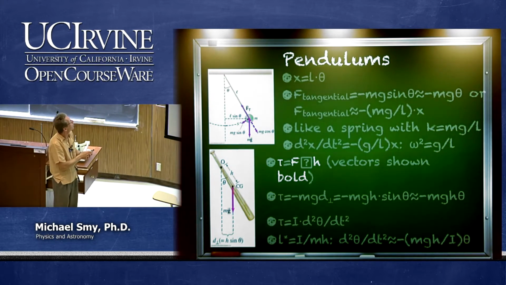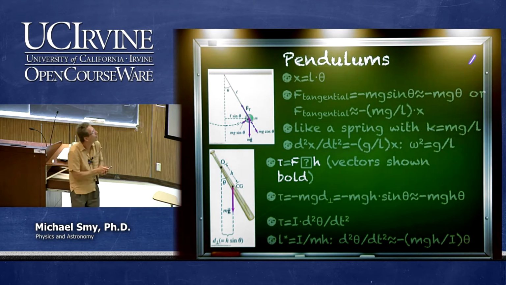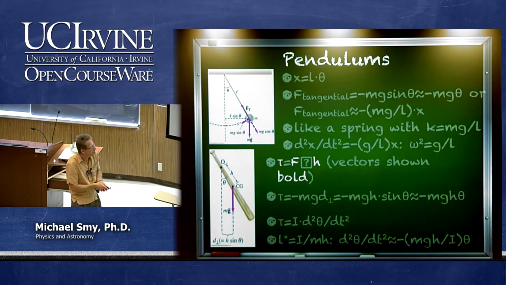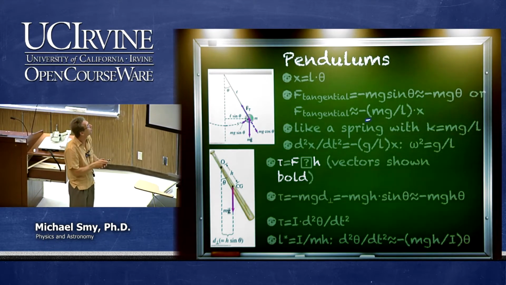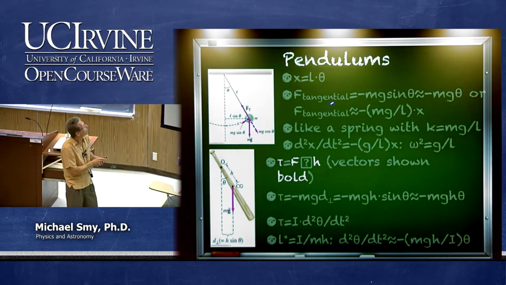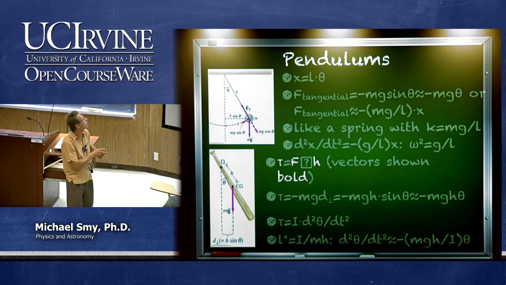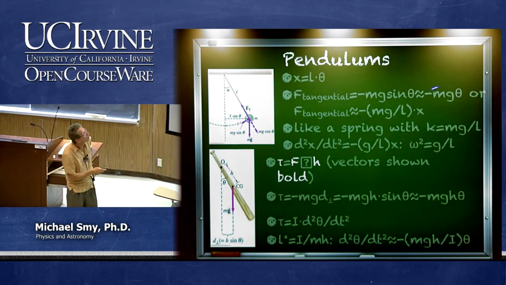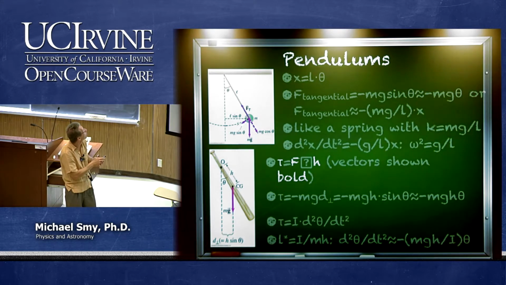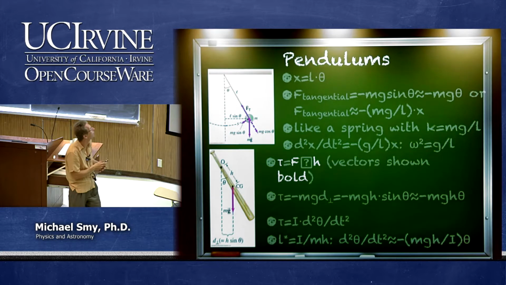So the interesting one is this tangential force, mg times sine theta, or when I make this approximation, mg times theta. And as for the mass on the spring, it has a minus sign. The minus sign is because it actually restores the mass to the equilibrium position at the bottom here.